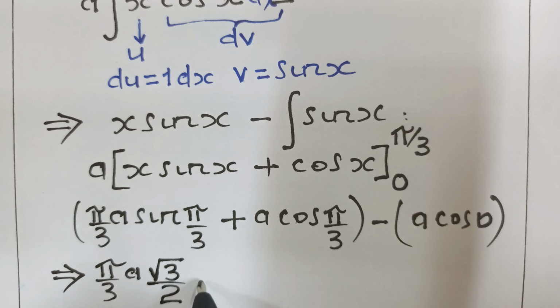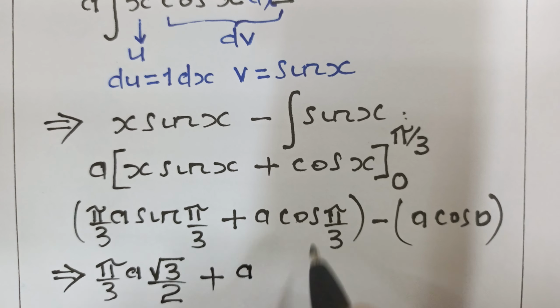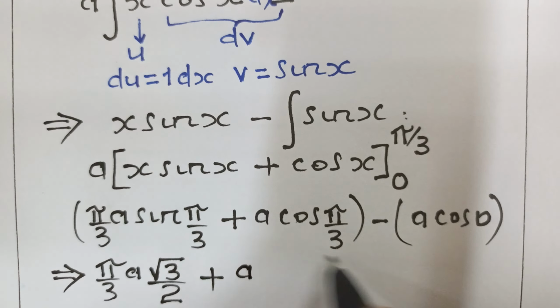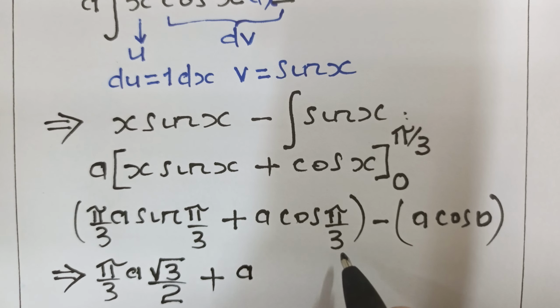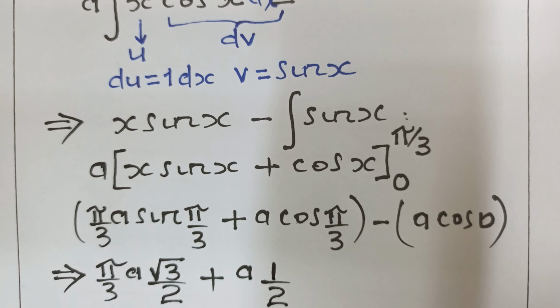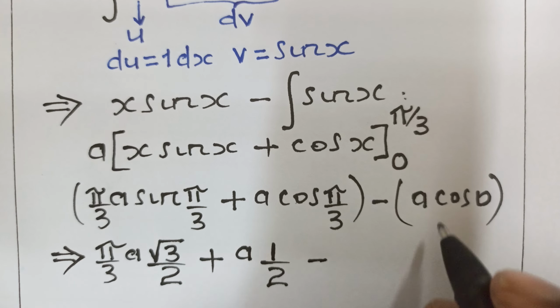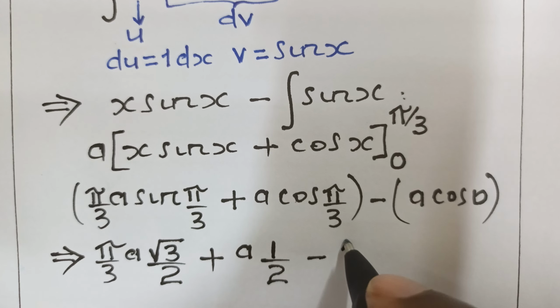Now plus, here we have a, and then we come to cos 60. And cos 60 is usually a half. Then we have minus a cos 0, which is 1.